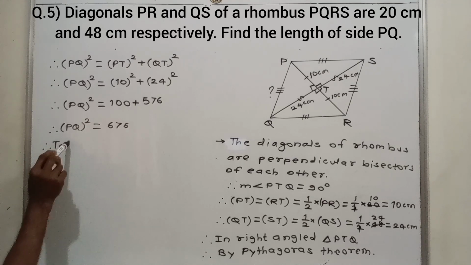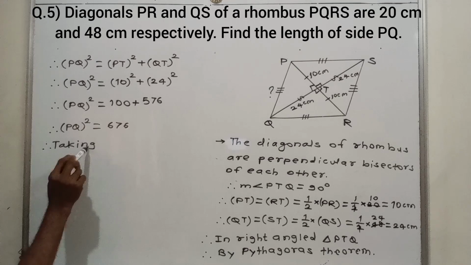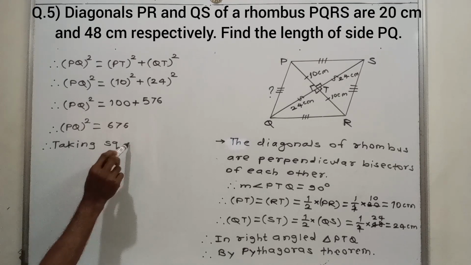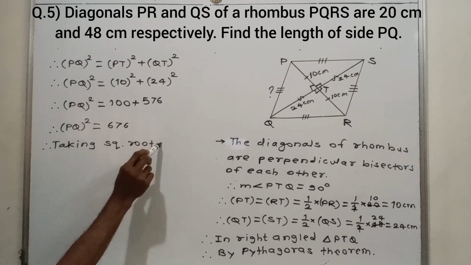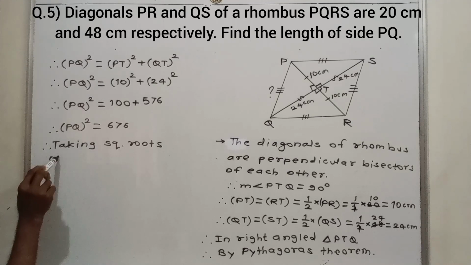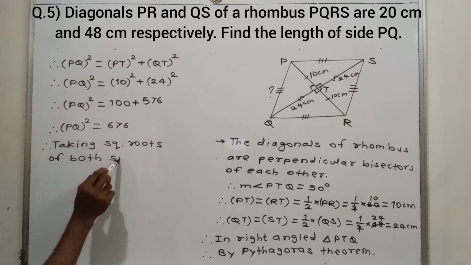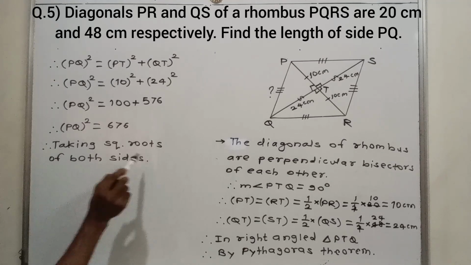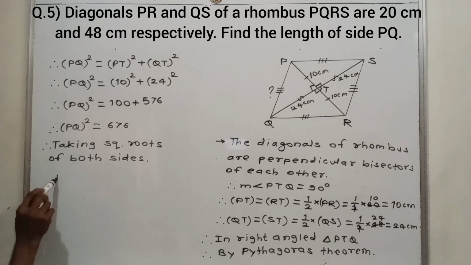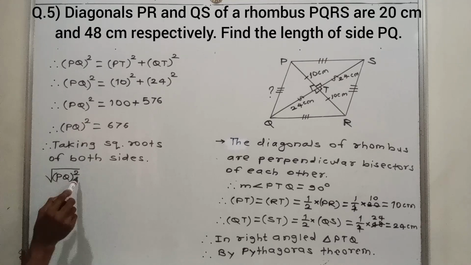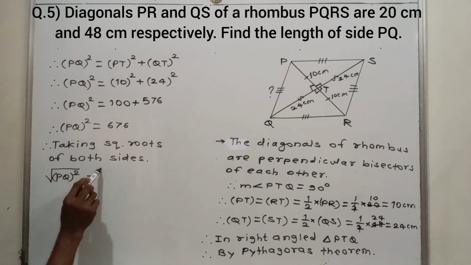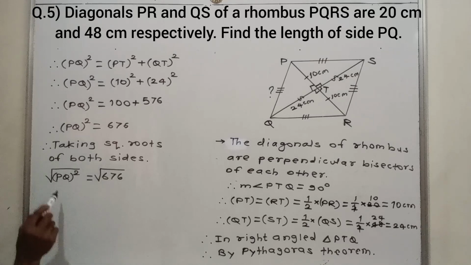Therefore, taking square roots of both sides, square root of PQ square is equal to square root of 676.